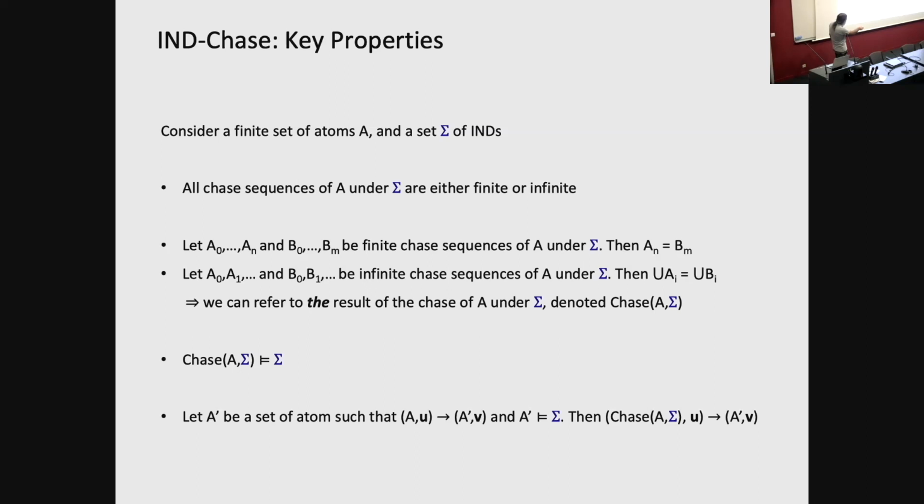In addition, A prime satisfies our set of inclusion dependencies. Then for every such A prime, we can show that the set of atoms that the chase builds can be homomorphically mapped to A prime, respecting the fact that u is mapped to b. This is the representative property that I discussed a couple of times.